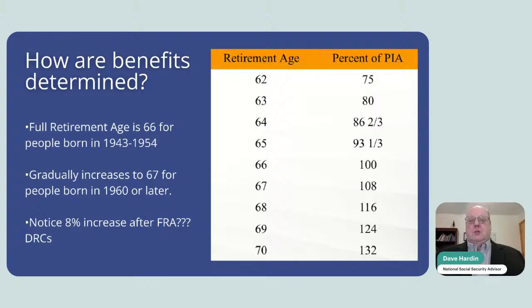The difference between taking your benefit at 62 and getting 75%, and waiting until 70 and getting 132% is 177% more. It's like getting a full retirement age benefit of 100% and a 62 age benefit of 75% together.